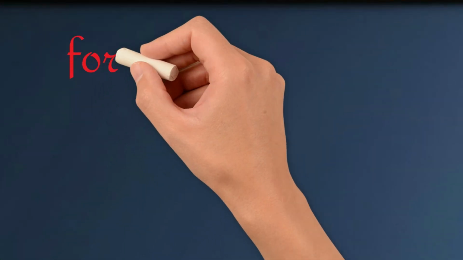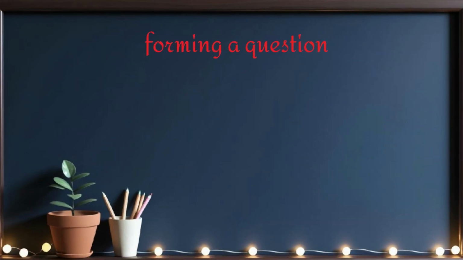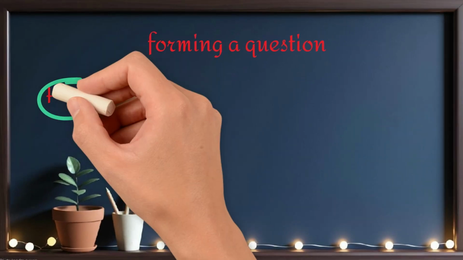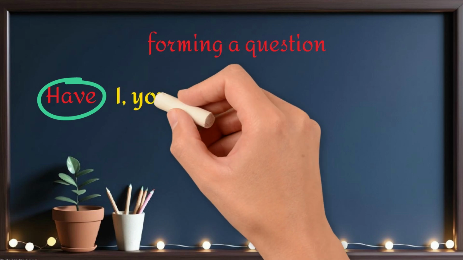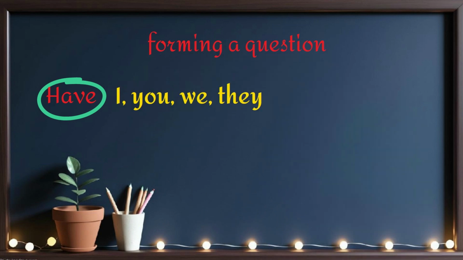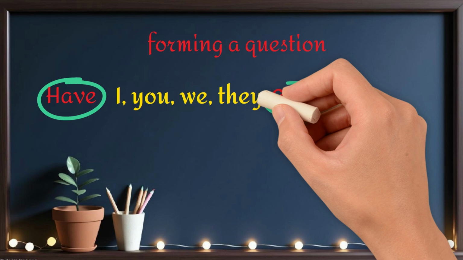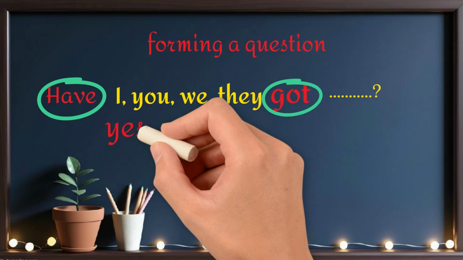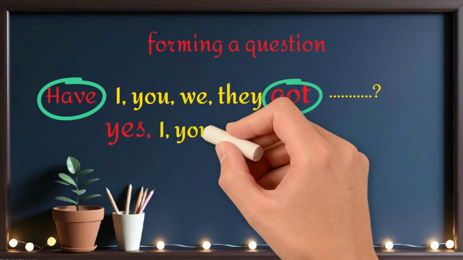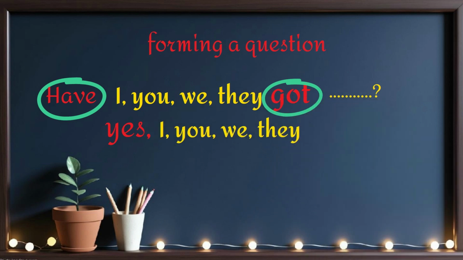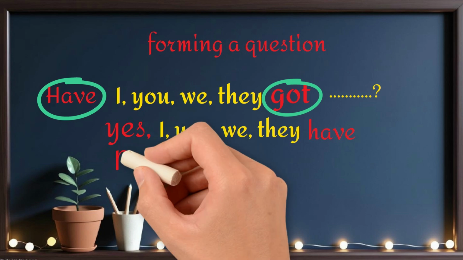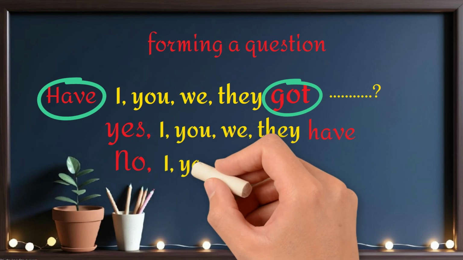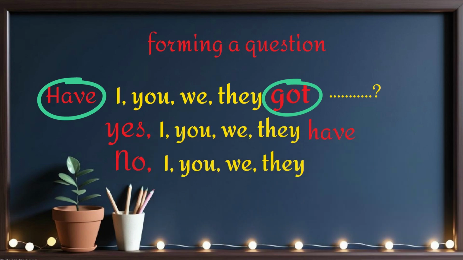So remember, when you ask a question, start with have or has. Have I, you, we, they got, and then the thing that you are asking about? And the answer could be yes, I, you, we, they have. Or no, I, you, we, they haven't.